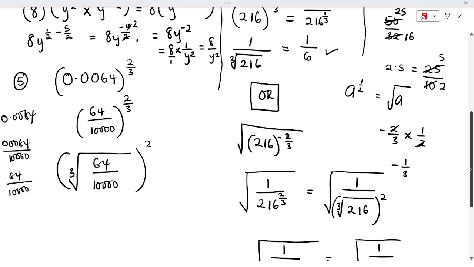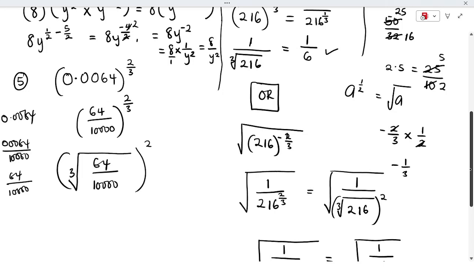Now, if you check it out, 10,000 when simplified does not have a cube root. Remember what we did earlier. When there was no square root for some numbers, we simplified. 64 has a cube root, which is 4. But we need both numbers to have a cube root, because most times in indices, you need whole numbers.